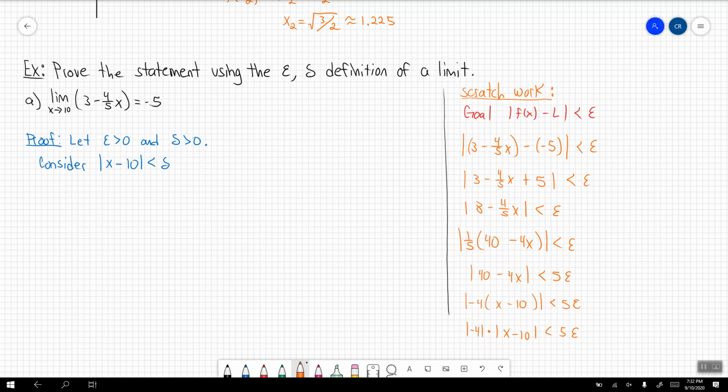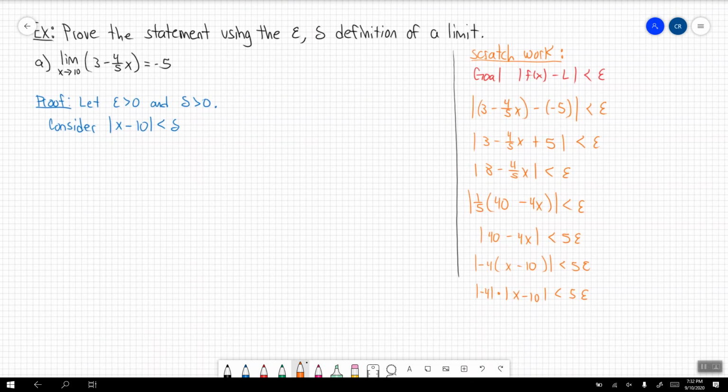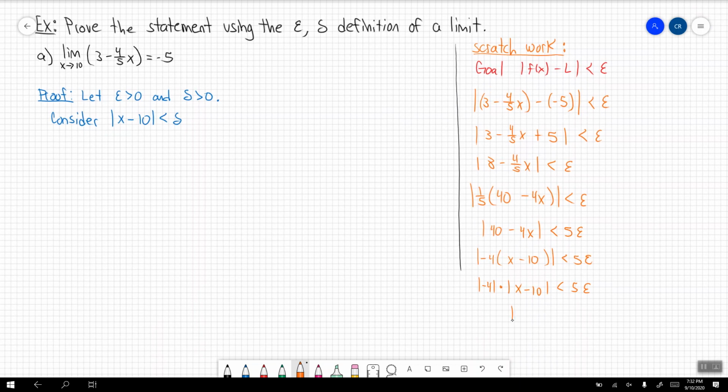The absolute value of negative 4 is just 4. So that's kind of nice, which means that the absolute value of x minus 10 must be less than 5/4 times epsilon. And that is where we want to go.